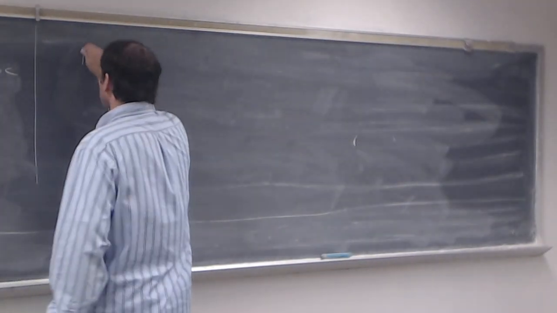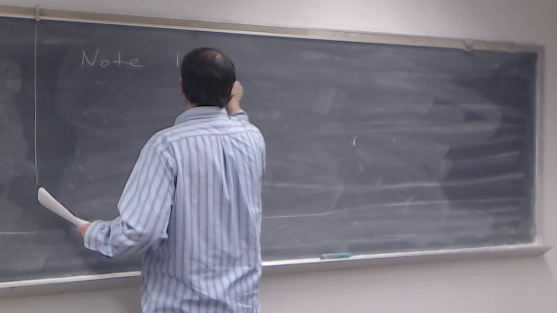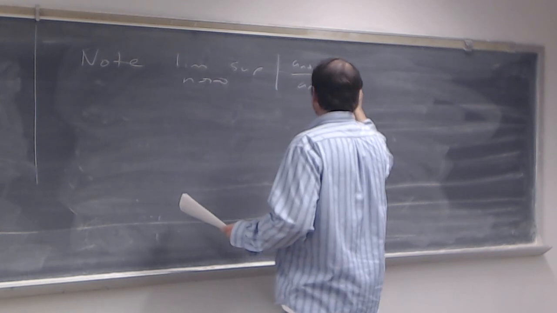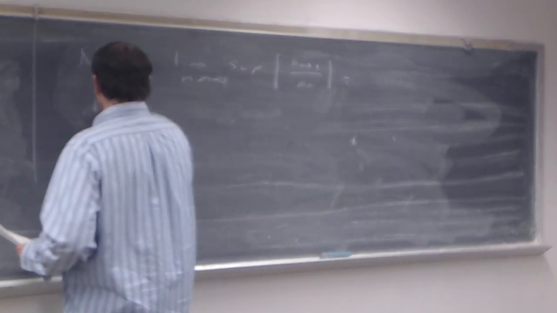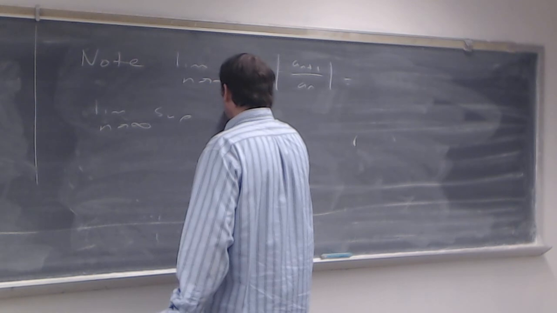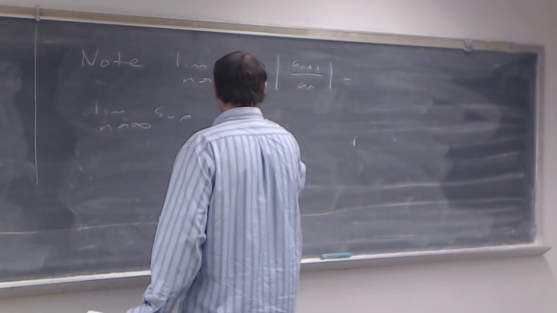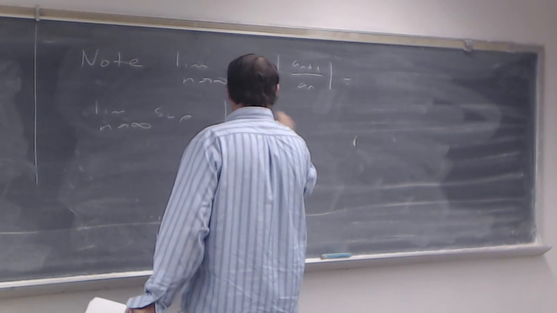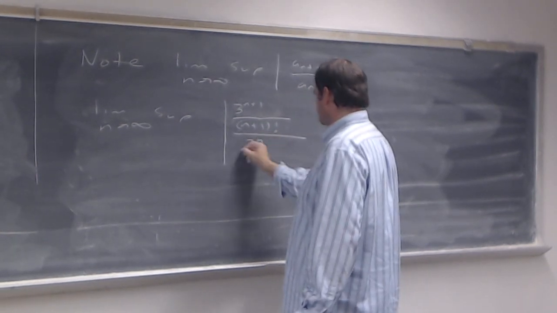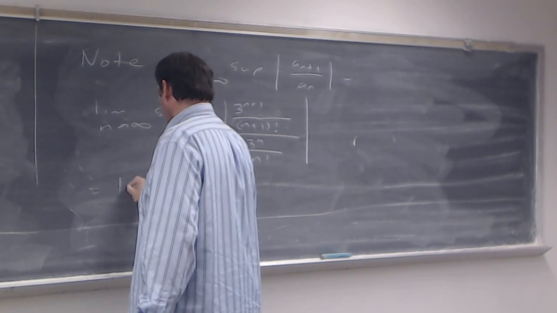So in particular, what we'll note is that the lim sup of a sub n plus 1 over a sub n will be equal to the lim sup of the absolute value of 3 to the n plus 1 over n plus 1 factorial, all divided by 3 to the n over n factorial.